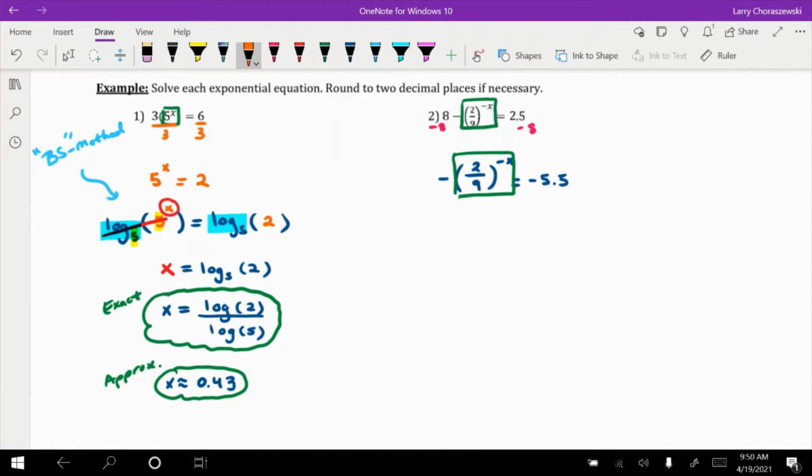What should we do to get 2/9 to the negative x isolated? Yeah, you can multiply or you could divide by -1. I would prefer division. And what that gives us on the left is 2/9 to the negative x, and on the right, positive 5.5.